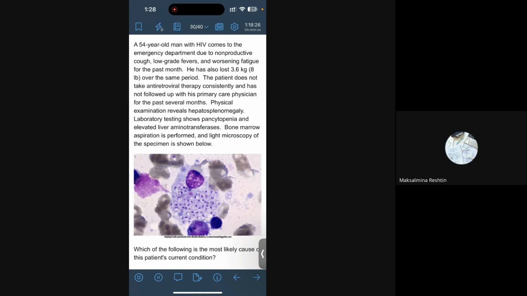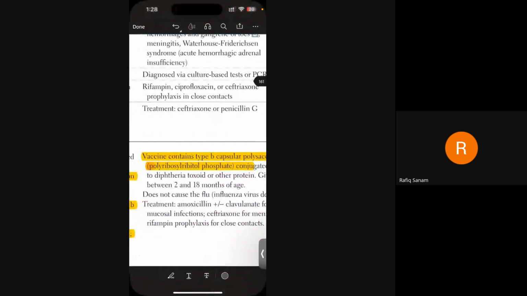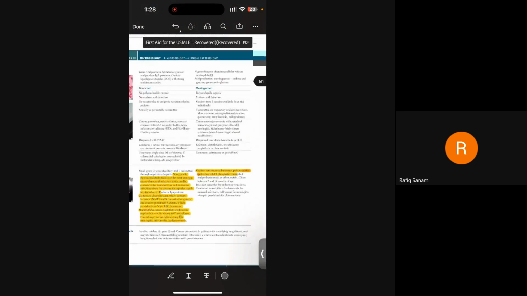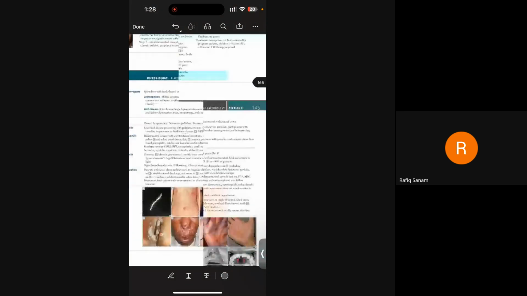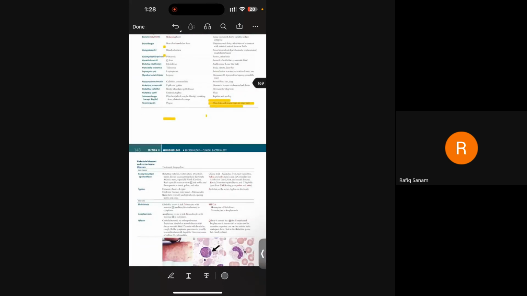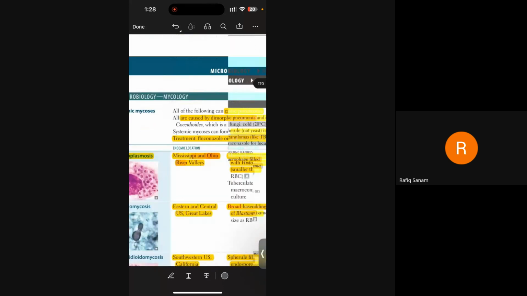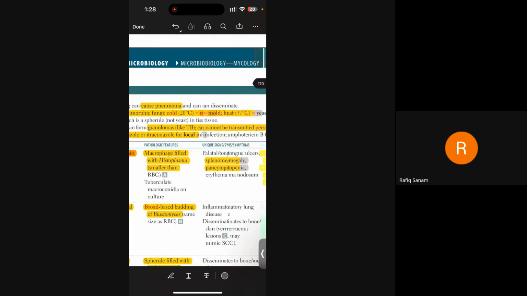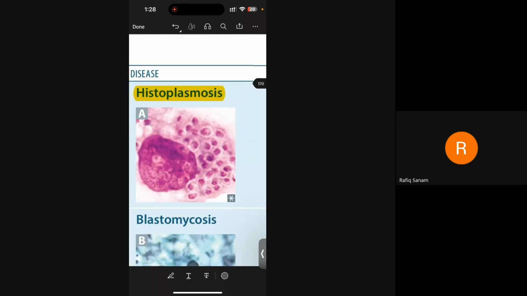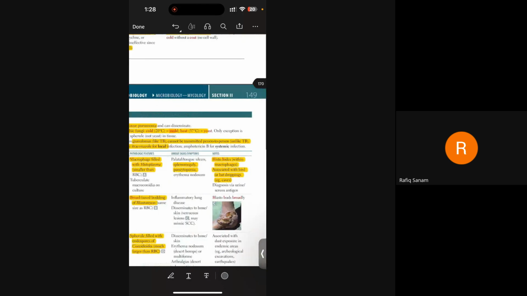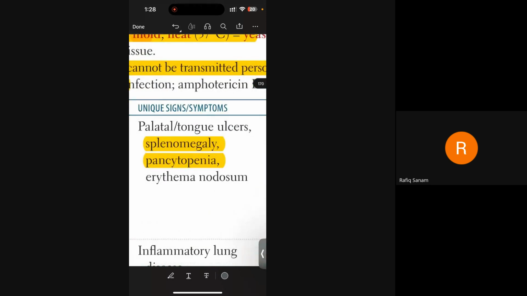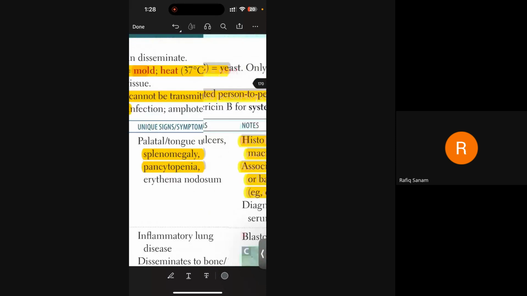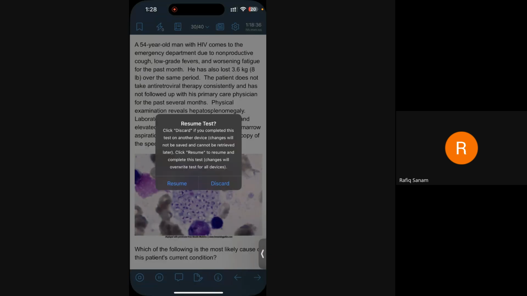Histoplasmosis. Histoplasmosis can also explain the hepatosplenomegaly, the pancytopenia, and the elevated liver transaminases. It causes pancytopenia and splenomegaly, which we are seeing in this patient.